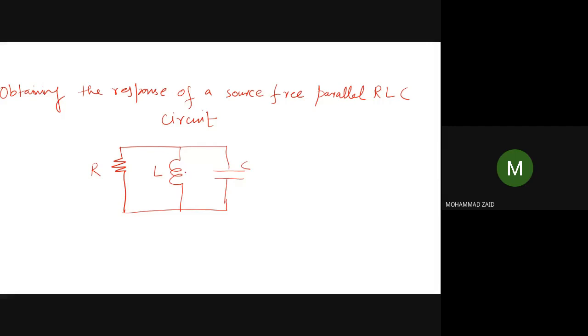We can assume that there is some initial inductor current flowing, so I of 0 plus is equal to I naught, and V of 0 plus is equal to V naught.